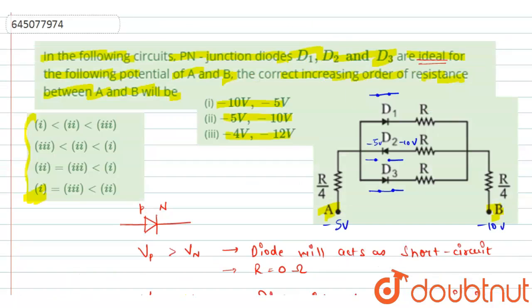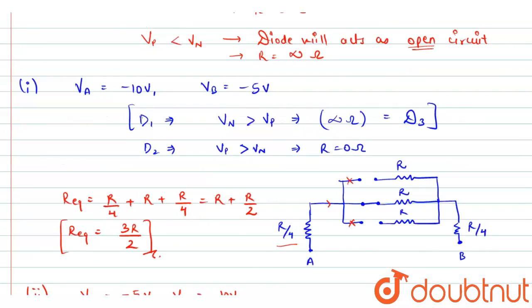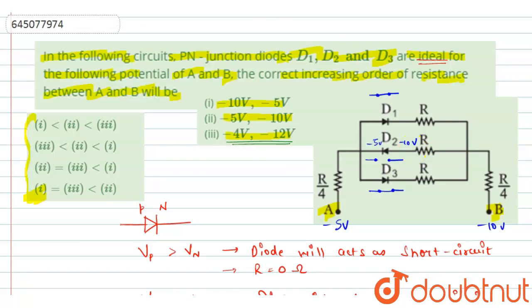Next we have in part C, the voltages minus 4 and minus 12 volts. In part C we have VA potential equal to minus 4 volts and VB potential equal to minus 12 volts. Now see, the condition of the diodes will remain the same, right?